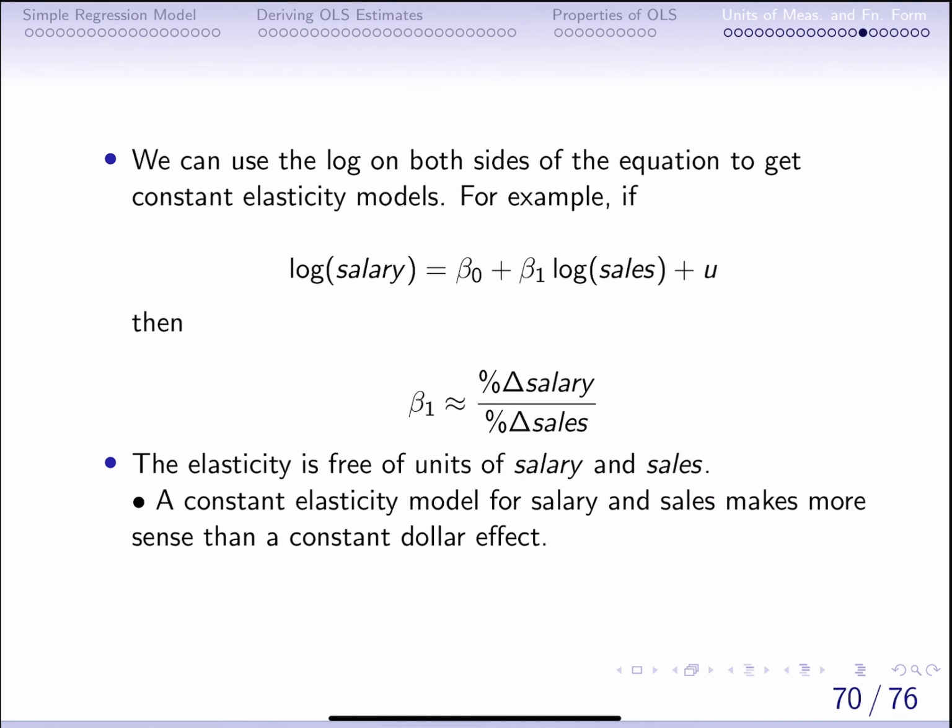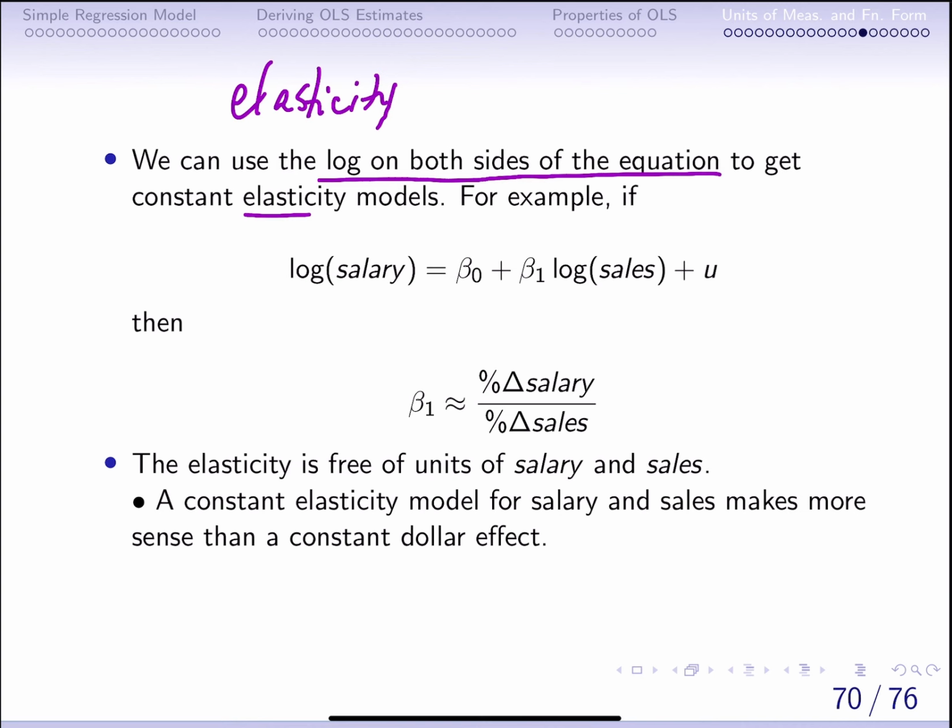Now, sometimes we might want to get elasticity. The way we measure elasticity is how percentage changes in X affect percentage changes in Y. So we might want to use logs on both sides of the equation, right? And remember that you always want to use logs on positive numbers.